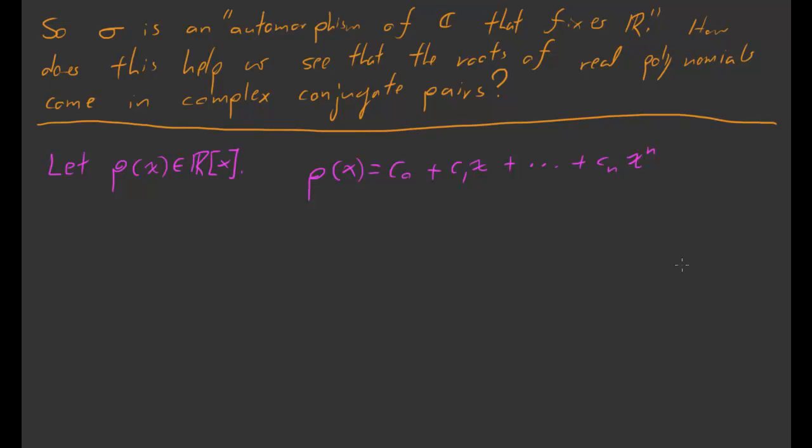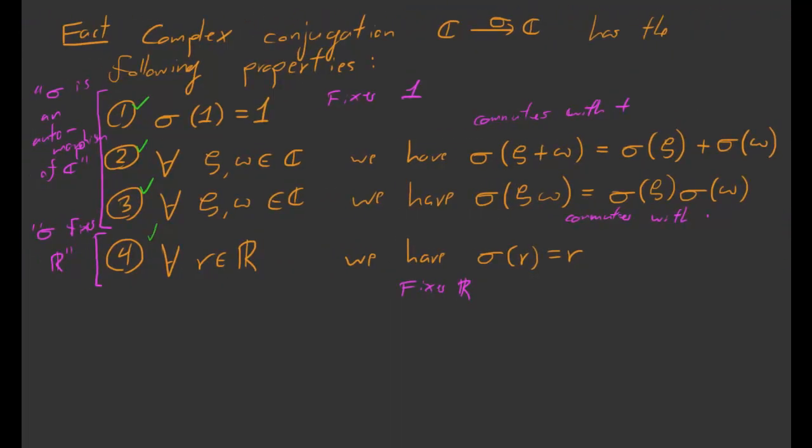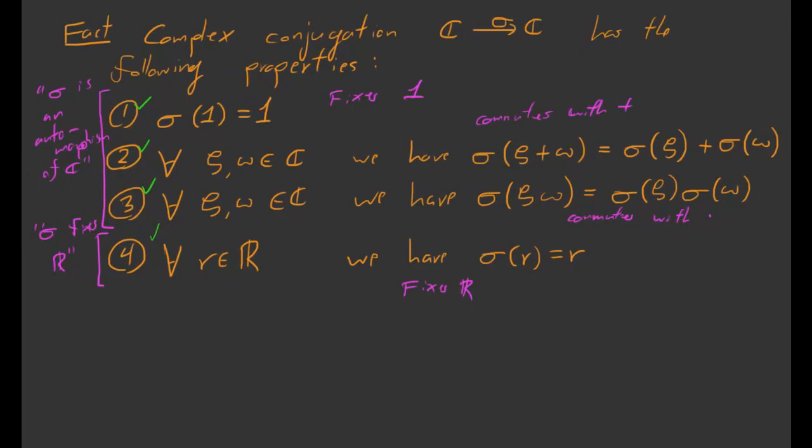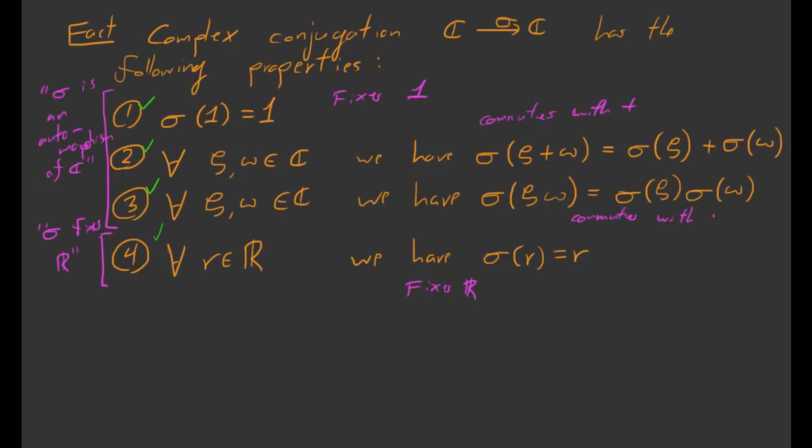And remember, because P is a real polynomial, the Ci are inside of R. The Ci are all real numbers. Okay, and let's let zeta be a root of P. That just means that P of zeta is equal to 0. Now, we want to use these properties of complex conjugation to see that sigma of zeta must also be a root, that the complex conjugate of zeta is also a root of P.